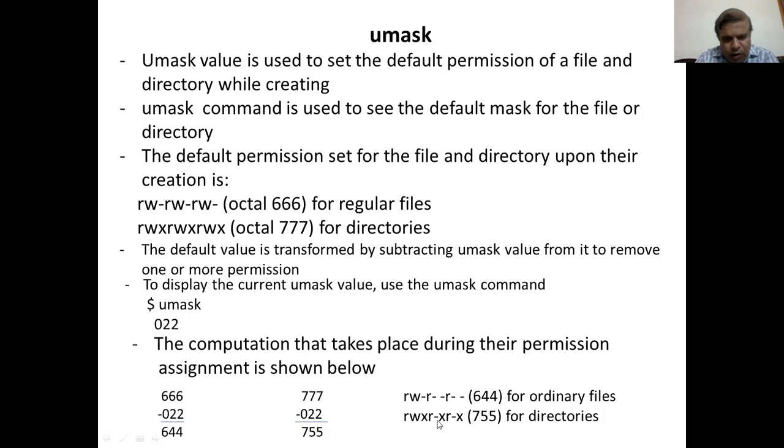Read, no write, execute for group. That is 5. Read, no write, execute for others. That is 5. So this is for directories. So this is the actual permission that is set when the file or directory is created, and not this.